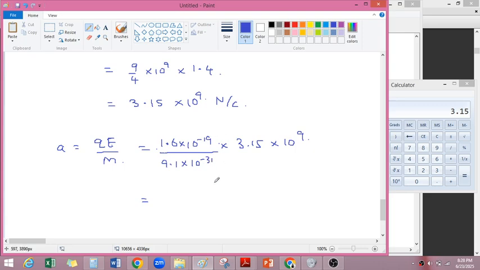When it goes to the top, it will become 10 power plus 21. If you have doubt, you can take 31 minus 19, so it will become 12. Minus 12 plus 9 will become 21. Right.